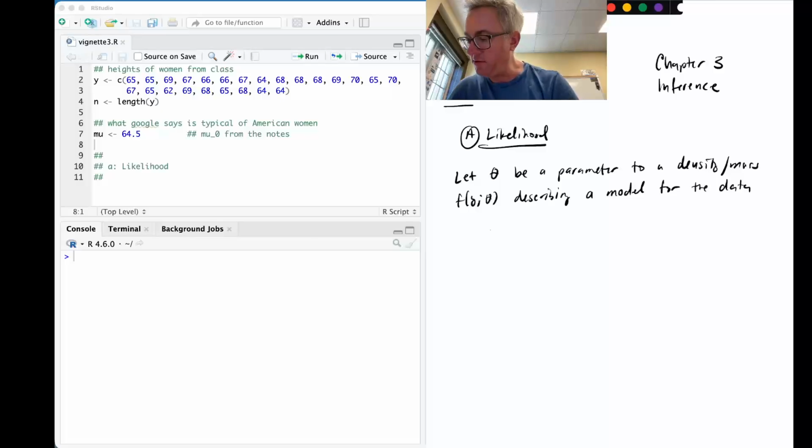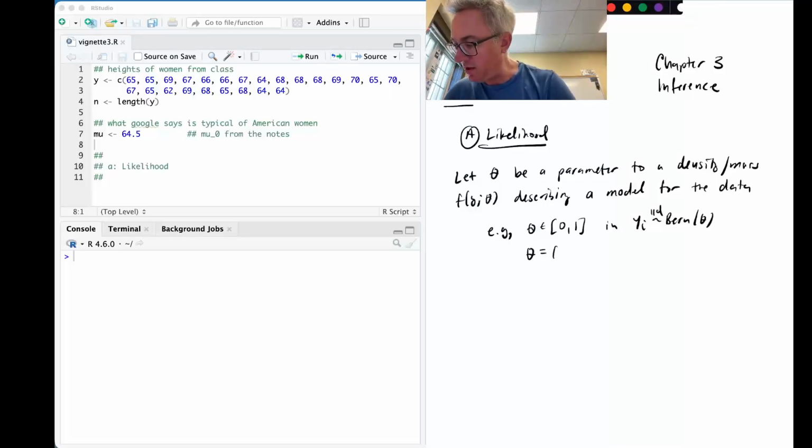So if we're thinking back to chapter 1, theta was a proportion parameter in a Bernoulli model for coin flips. In chapter 2, theta was actually a vector of 2 parameters, real valued and positive real valued respectively, for a Gaussian model for the data.